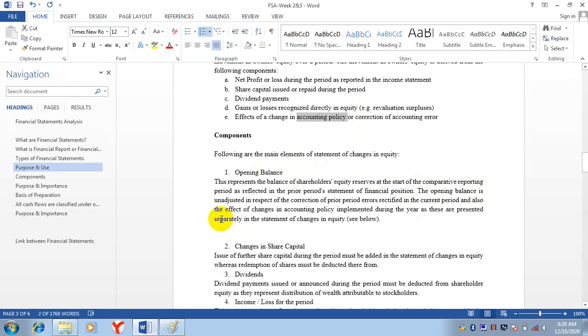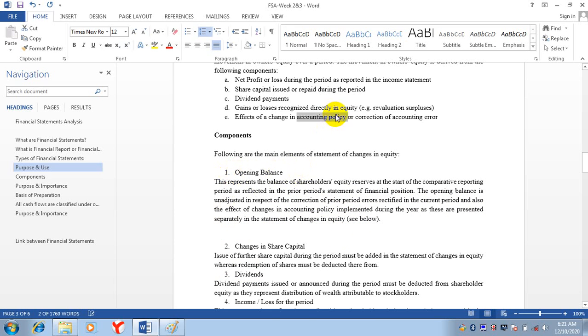The opening balance is unadjusted in respect of correction of prior period errors rectified in the current period, and also the effect of changes in accounting policy implemented during the year, as these are presented separately in the statement of changes in equity. Keep in mind this opening balance.